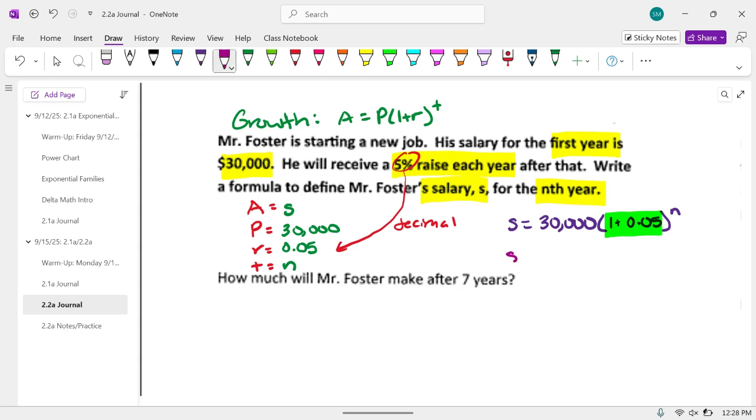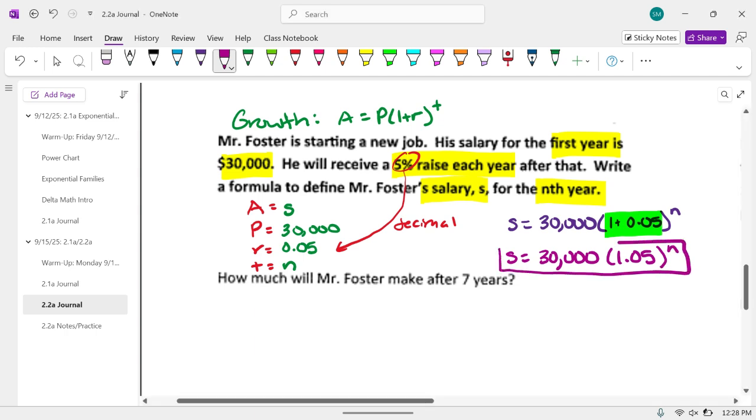So our final one would be S is equal to 30,000 times 1.05 to the n power. So this is the formula that we came up with. Coming up with a formula isn't too bad. It's a matter of knowing which one to plug it into first off, whether growth or decay, and then making sure you know which parts need to go where.